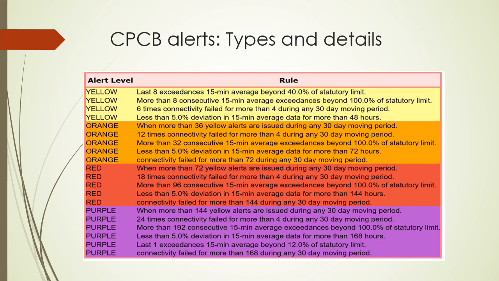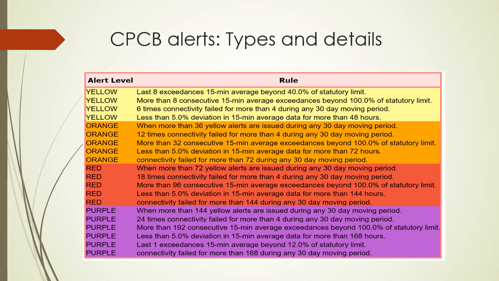So instead of 50, I'm getting 70, and that has occurred 8 times. There are 8 exceedances, each for a 15-minute average. That means 15-minute continuous exceedances of 40% of the statutory limit, 8 times. Then we will get an alert from CPCB.